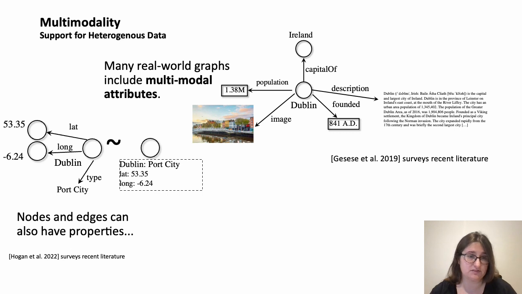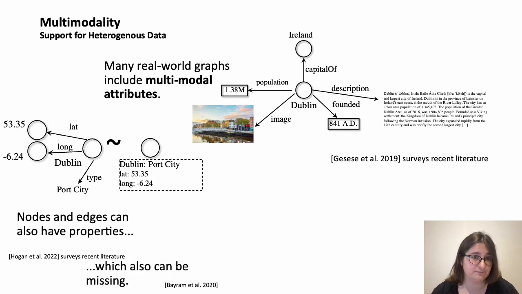This could also be included in one node. These features could also be missing, and this is a separate branch of research where this kind of data structure is also looked at. This type of data is called property graphs, and we will focus on multimodal graphs without properties on the nodes.